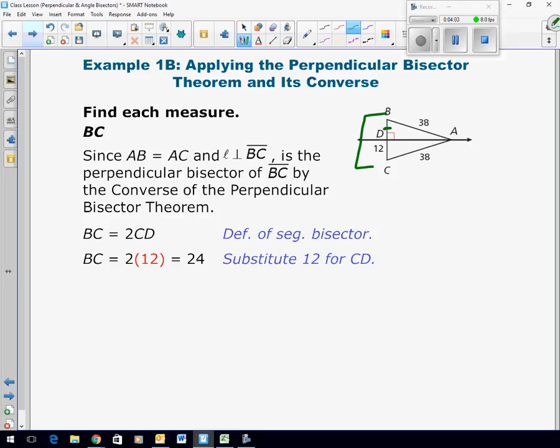So BD has to be congruent to DC. And if DC is 12, then BD must also be 12. And the total of 12 plus 12 is 24. See how easy that is? Very basic. It's basic congruency.